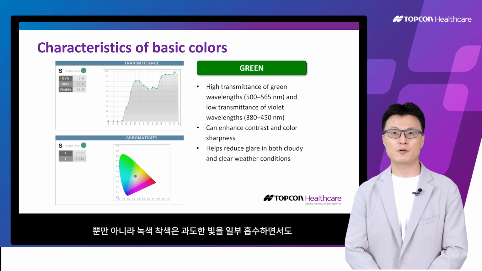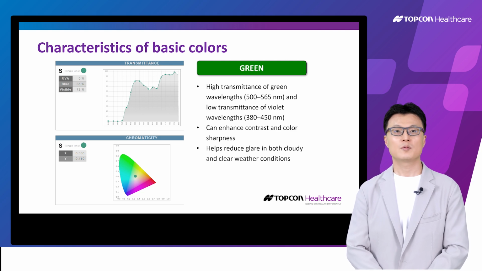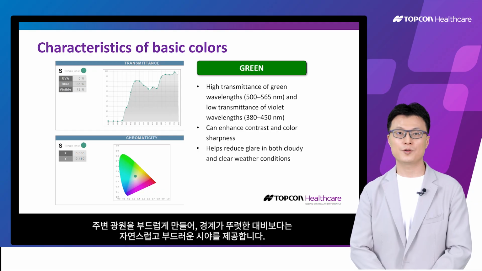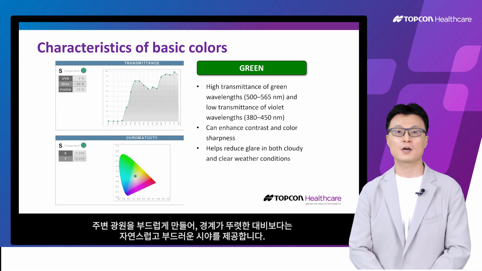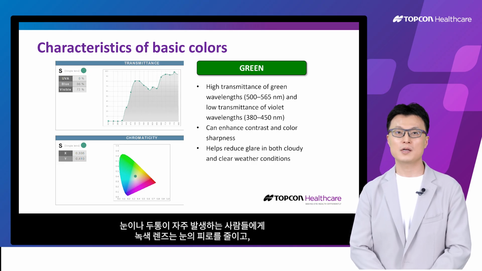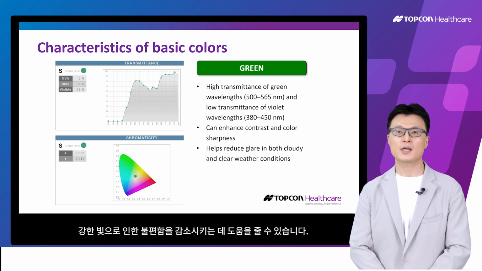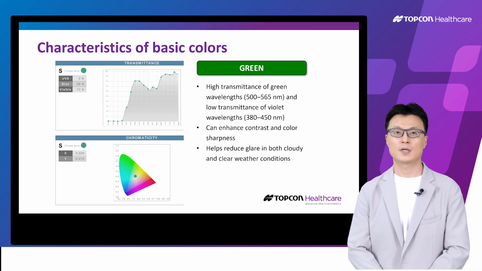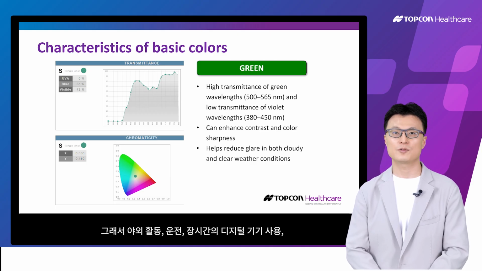They also soften surrounding light by partially absorbing excess brightness, providing a gentle, more natural view instead of a sharply defined contrast. For people who often experience eye strain or headaches, green lenses can ease discomfort from bright light. That's why they are recommended for outdoor activities, driving, extended digital device use, and for anyone with sensitive eyes.